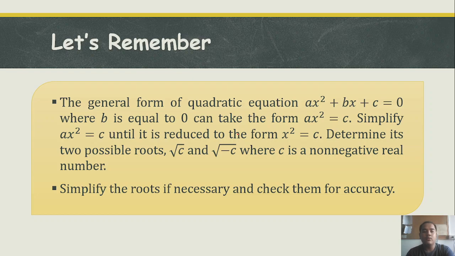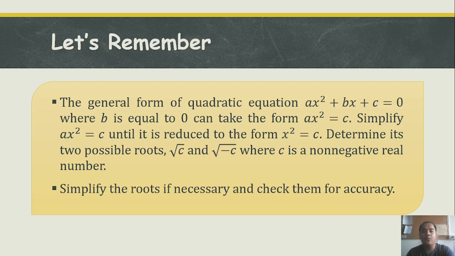The next statement is simplify the roots if necessary and check them for accuracy. The purpose of checking is to raise our accuracy to 100%. We are 100% sure that the roots of the equation we got by extracting the square root are correct.